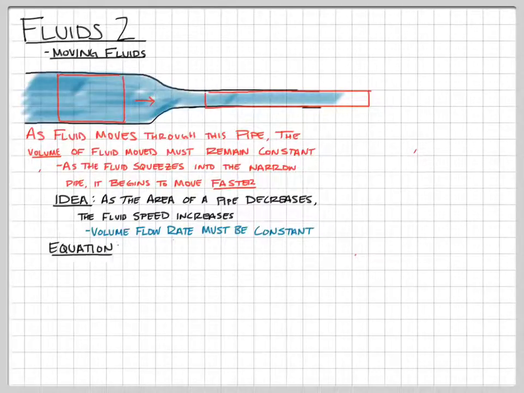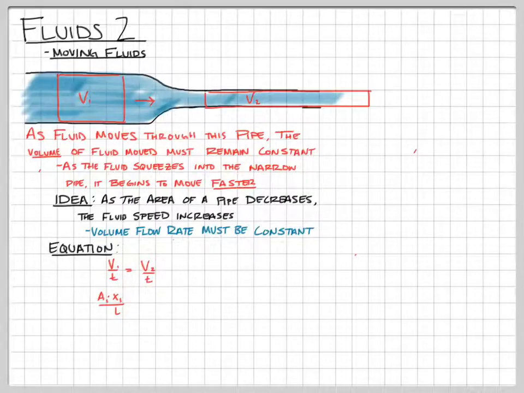And we want to look at the equation that goes along with it, because we will have to calculate this, more than just be able to explain why. So, what we're saying is that the volume per unit time in the front part, in the wide part, must be the same as the volume per unit time in the skinny part. Volume rate has to stay the same. Gallon in, gallon out.